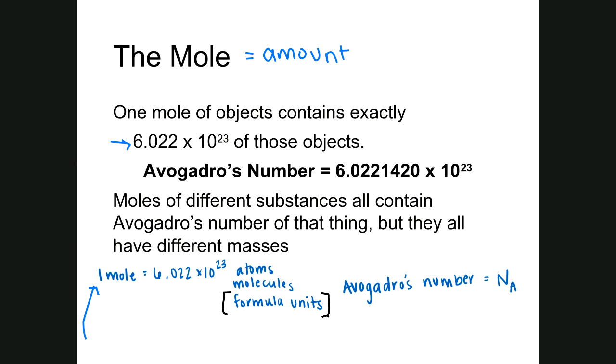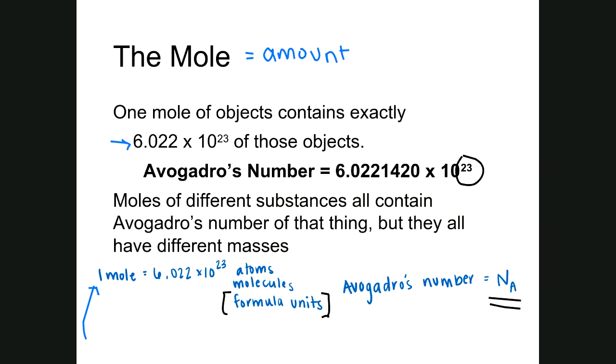One way that we can describe Avogadro's number in a more simplistic manner is by calling it NA, for the number of Avogadro. That way we don't have to worry about writing out that huge number all the time. Now, why is this number so giant? It's 10 to the 23rd. Remember, that means this number is greater than 1 because its exponent is positive.